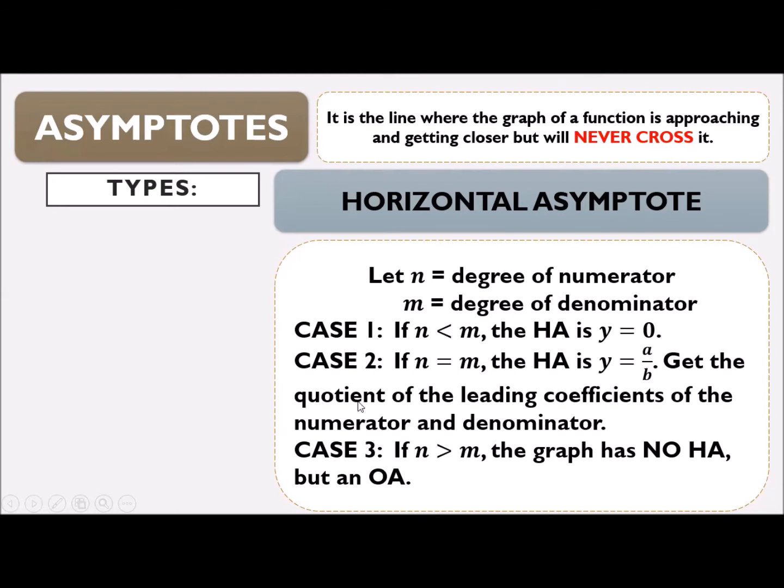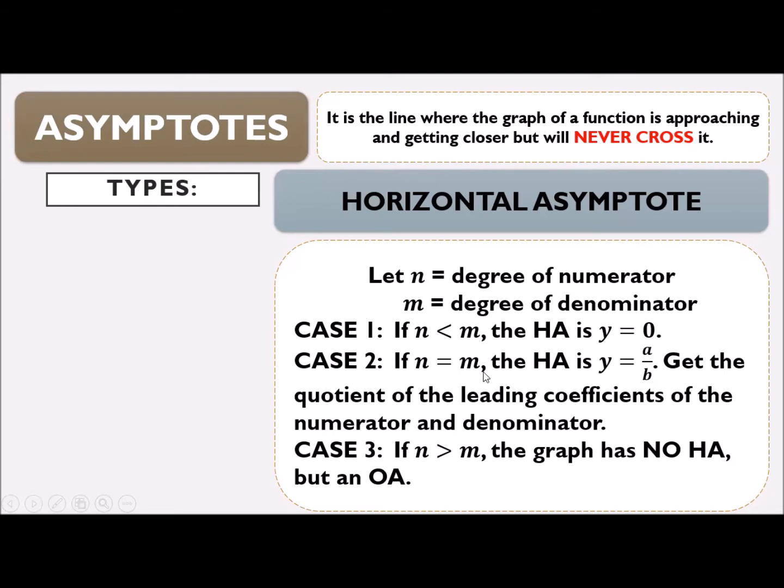So we have here the 3 cases. Remember that the n pertains to the highest exponent or the degree in the numerator and then m for the denominator. Case 1, if n is less than m, ibig sabihin mas mababa yung degree ng numerator kaysa sa denominator, HA means horizontal asymptote. The answer is always y is equal to 0.